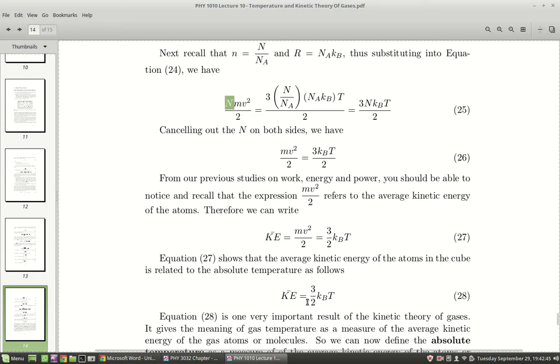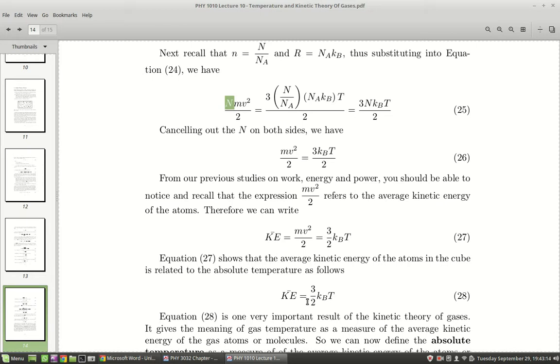The temperature of a gas, or the temperature of anything, carries information about the kinetic energy of the atoms in that particular thing you are studying, in this case a gas. So the temperature is not just the degree of hotness or coldness.